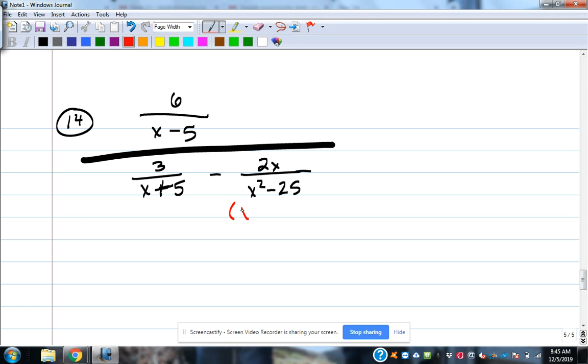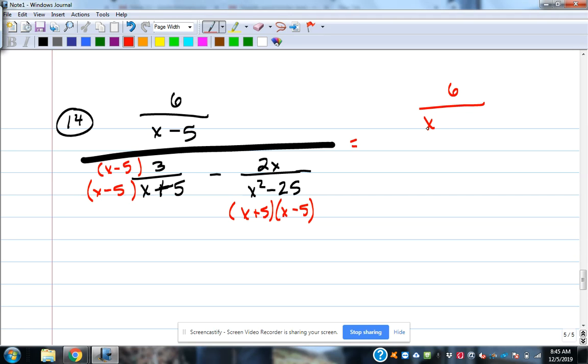Okay, so this one factors as x plus 5, x minus 5. That's a good start. Your least common denominator is x minus 5 and x plus 5. Okay, so first fraction needs something: x minus 5. All right, so numerator staying the same.